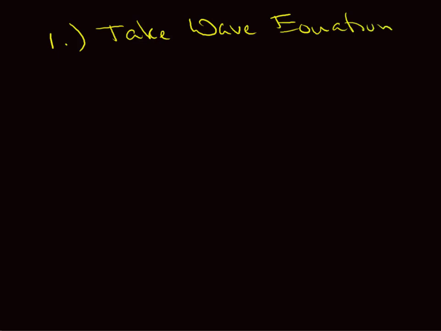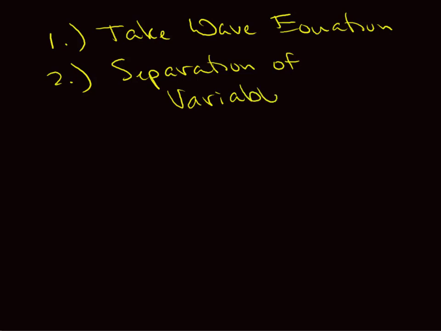Now, in order to do work on this linear differential equation, we're going to do several things. One, we're going to take our wave equation, our description of the behavior of the wave. Two, we are going to do a separation of variables.